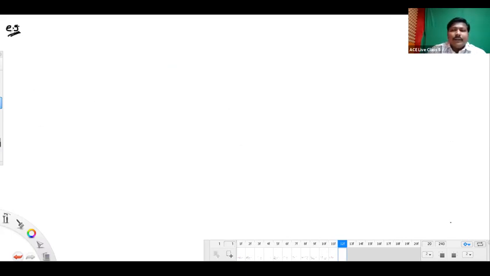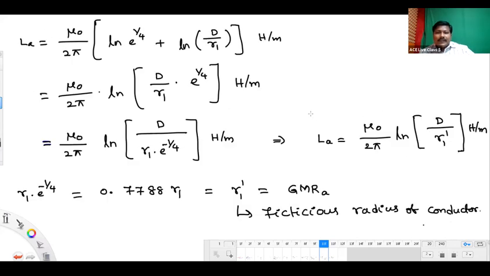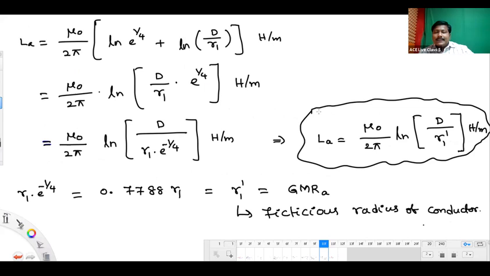Whatever the derivation we have made, the so-called inductance calculation, is it by neglecting skin effect or by considering skin effect? This LA formula which we have derived, is it including skin effect or neglecting skin effect? It is after neglecting the skin effect.